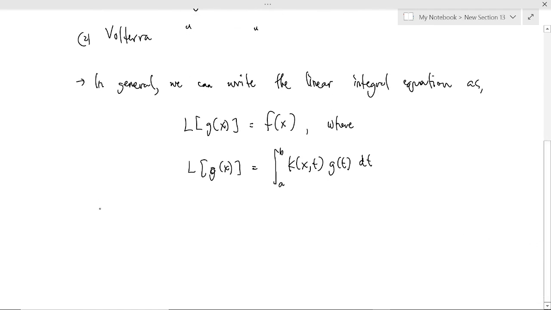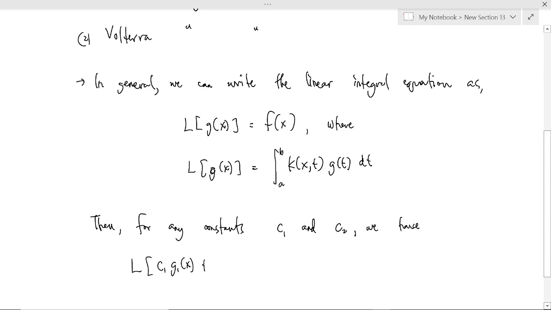Now then, for any constants C1 and C2, we have this form: L of C1 g1(x) plus C2 g2(x), and this could actually be written as C1 times L of g1(x) plus C2 times L of g2(x).